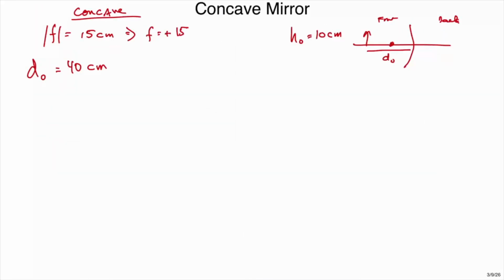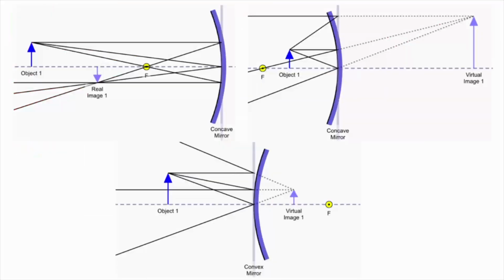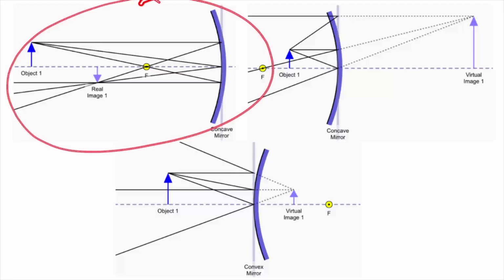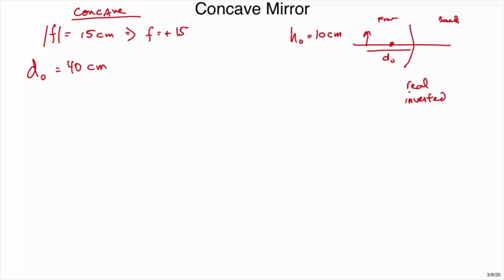Is it real or is it virtual? It's going to be real. Is it upright or inverted? Yeah, I took the picture away from you. Because it's this situation, I'm going, okay, it's real and it's inverted, right? Magnified or reduced? Not sure.